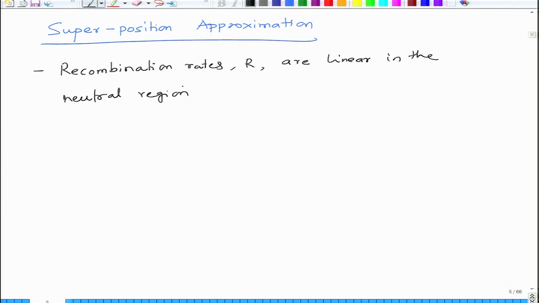Neutral regions are the ones where the electric field is 0, so the neutral region is the bulk region. There are multiple names, quasi-neutral regions and bulk region and so on, and this basically applies to minority carriers.